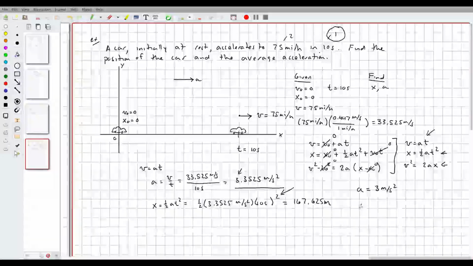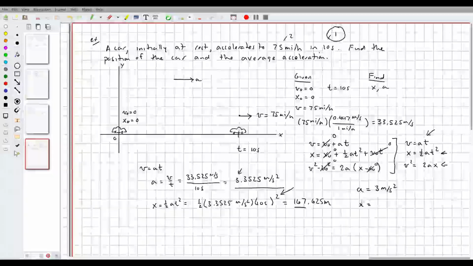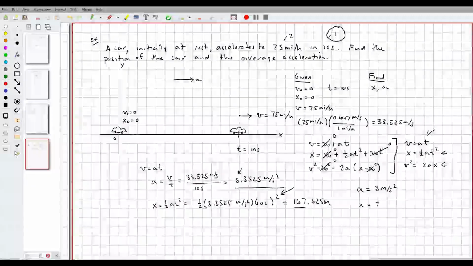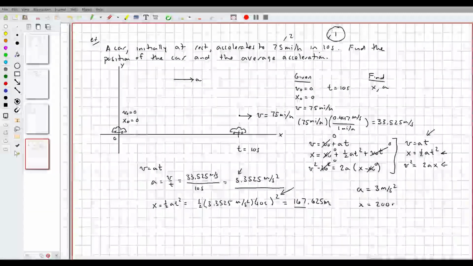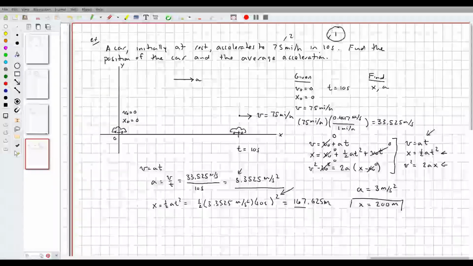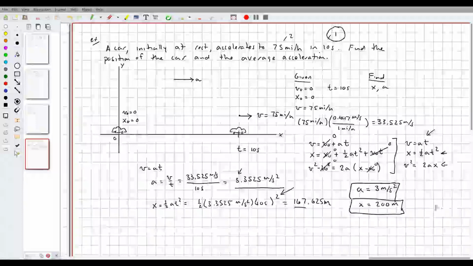Our position x, 167.625. One sig fig, though, makes this 200 meters. Once you have your answer, you box it, and this right here is what would be graded.